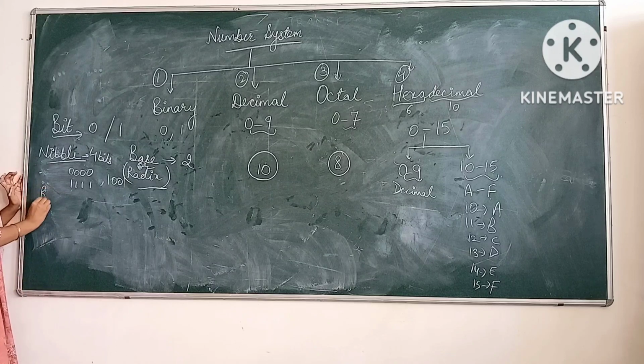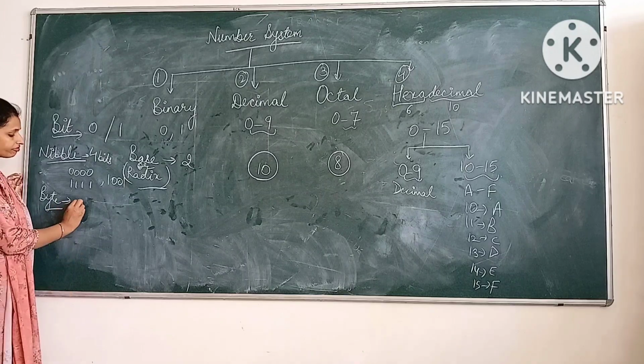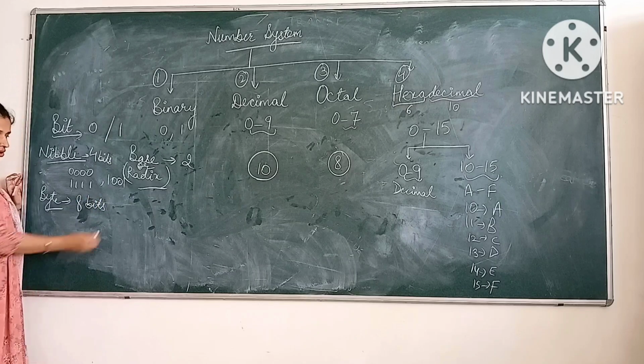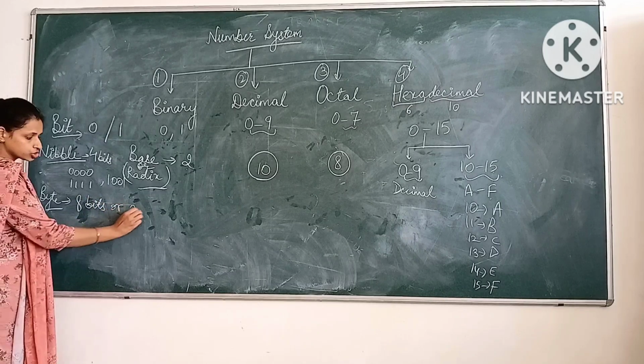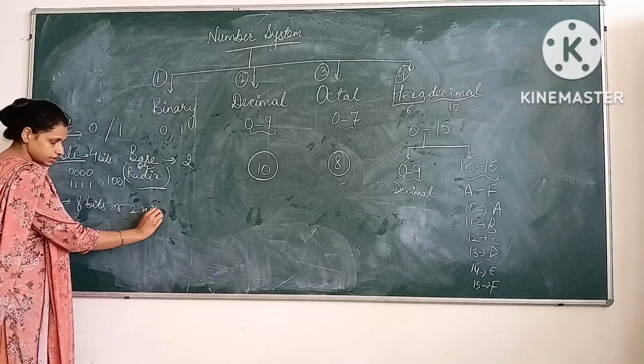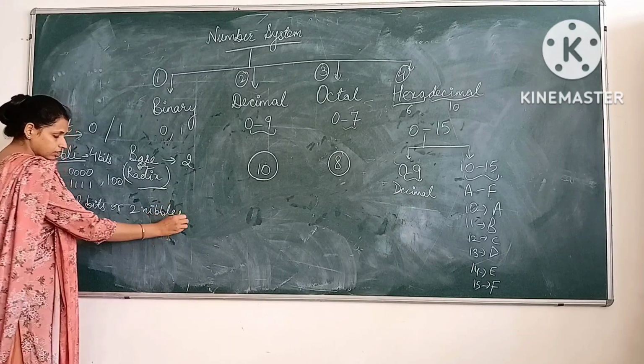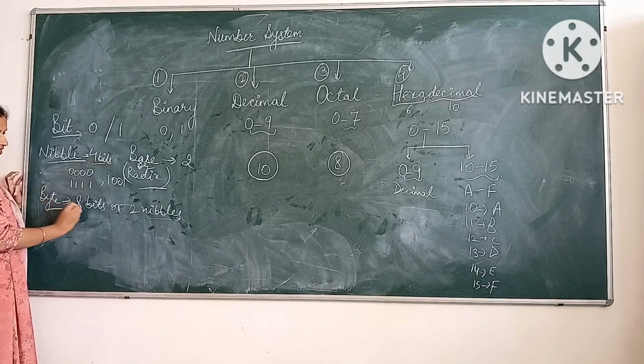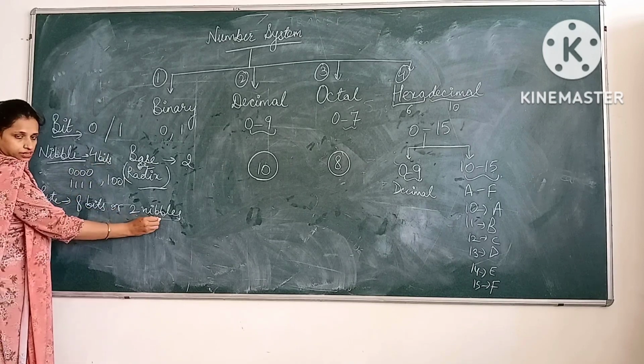The next is byte. Byte is a combination of a group of 8 bits or 2 nibbles, because in one nibble there are 4 bits. So in byte, 8 bits means 2 nibbles.